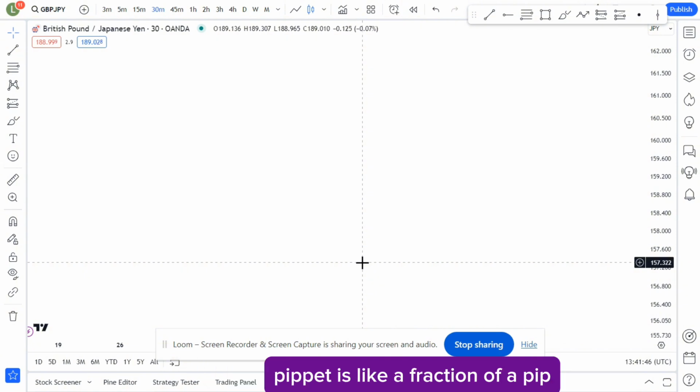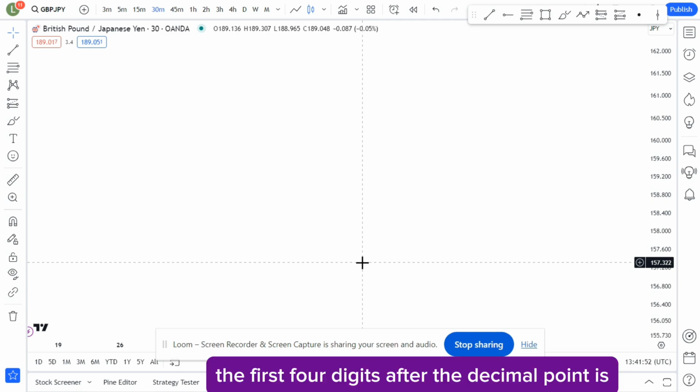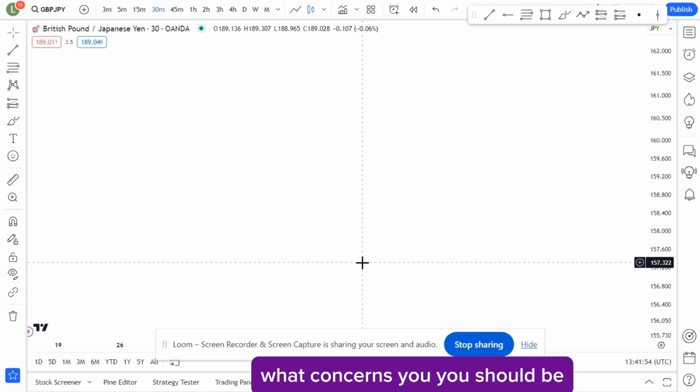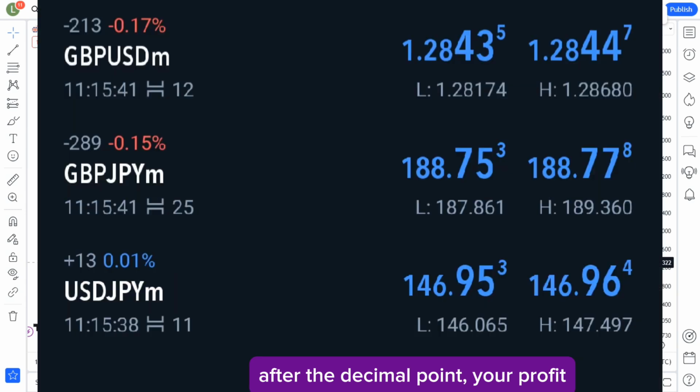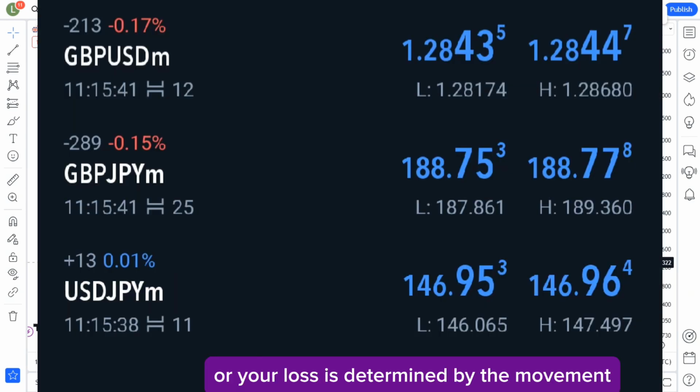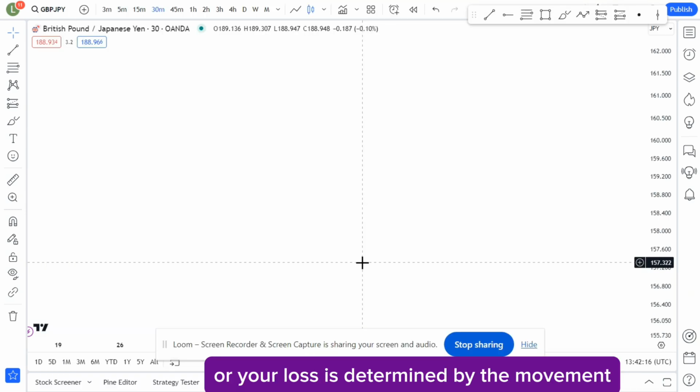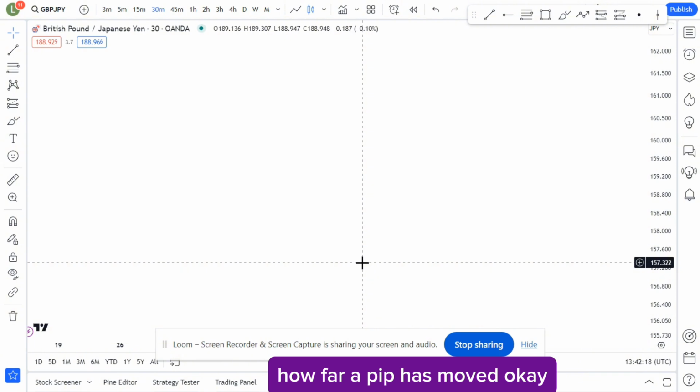Pipette is like a fraction of a pip. But the first 4 digits after the decimal point is what concerns you. You should be concerned about the movement of the first 4 digits after the decimal point. Your profit or your loss is determined by how far a pip has moved.